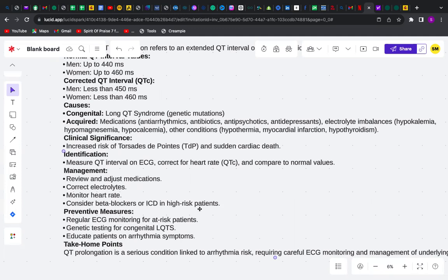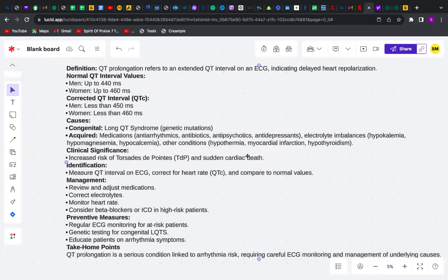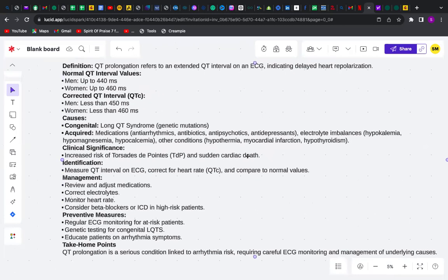Okay. And then, for preventive measures, you have to do regular monitoring, and then make sure that genetic testing for congenital LQTS is also done. Then educate the patient on arrhythmia, so that anytime they encounter such symptoms, they can just quickly call the ambulance.